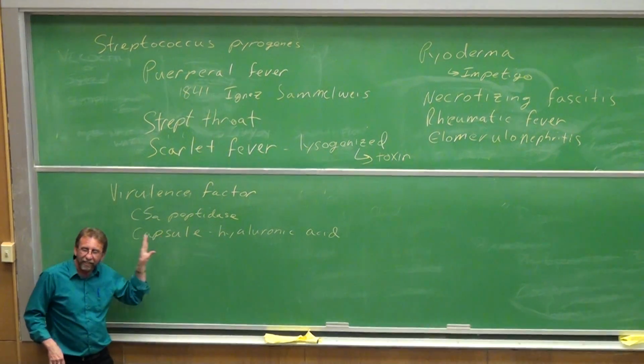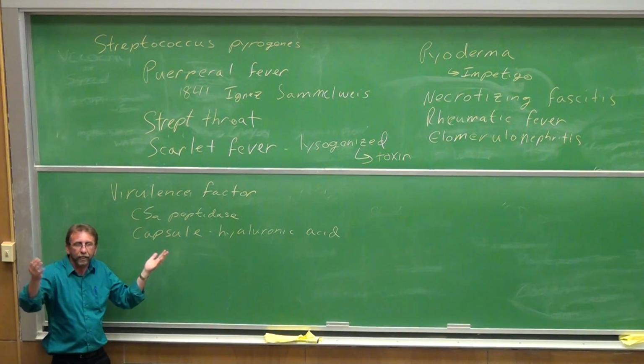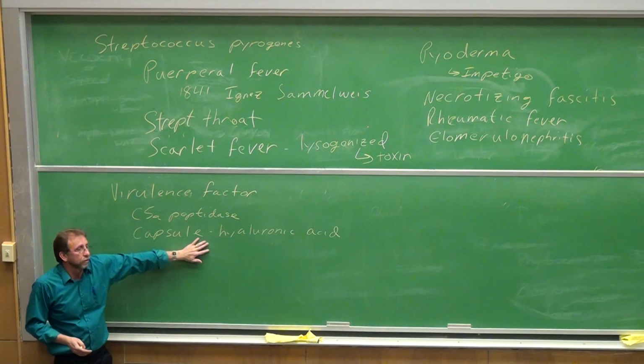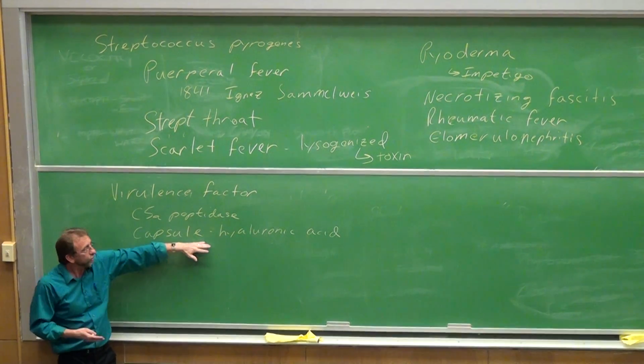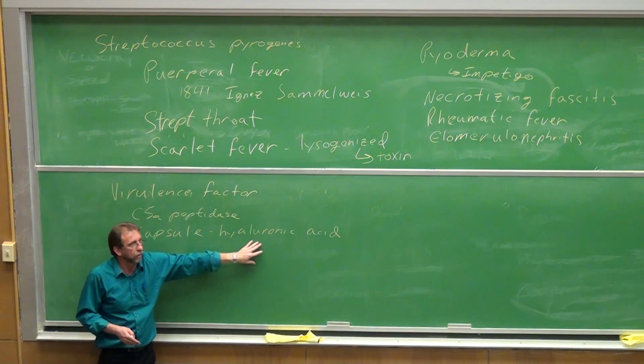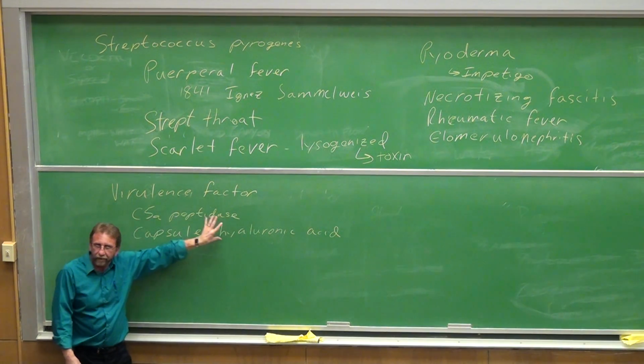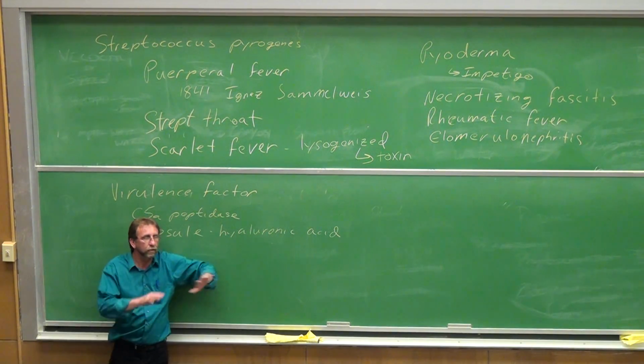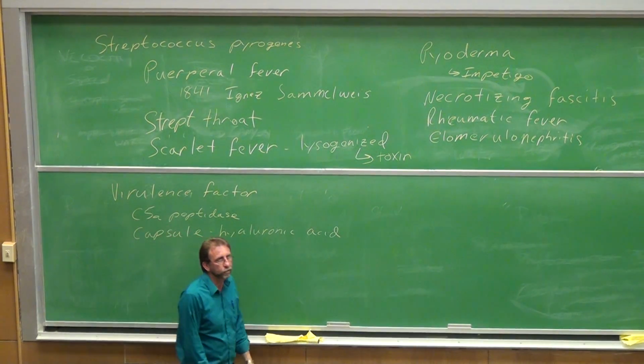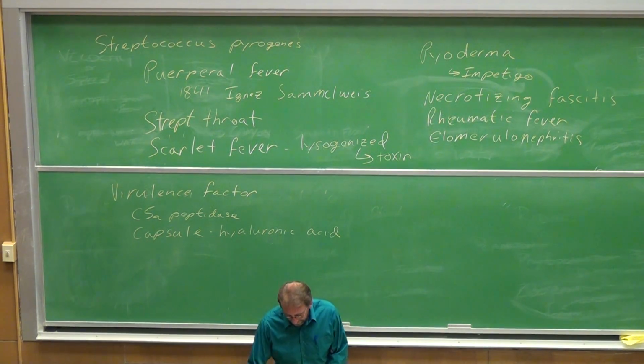And so it provides sort of a cloaking, if you will, to the microbe. Our cells have hyaluronic acid, so our immune cells wouldn't necessarily recognize it. So this capsule with this molecule is cloaked from our immune system. So it's protected in that sense.